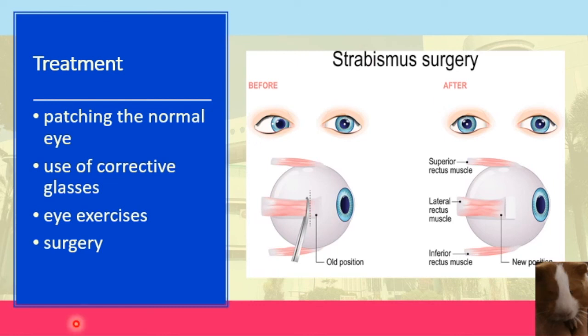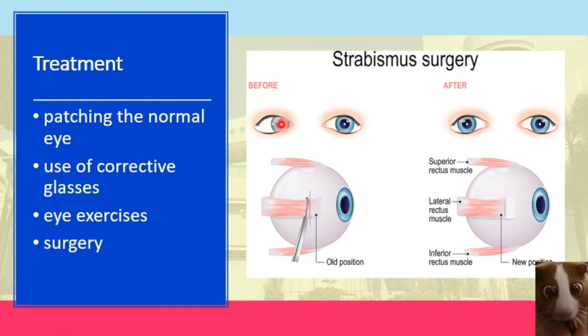Then you have the use of corrective glasses. Eye exercises may be done, and surgery is done for severe forms of strabismus to straighten the eye of your patient. If you look at this, this is the old position of the extraocular muscle, and then it was moved to the new position. The purpose, class, is to realign the inward movement of your eyeballs toward the outward movement, or to put the eyeball in the medial location in terms of the orbit.